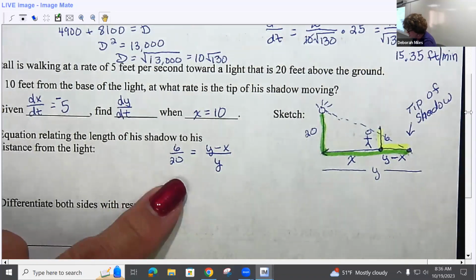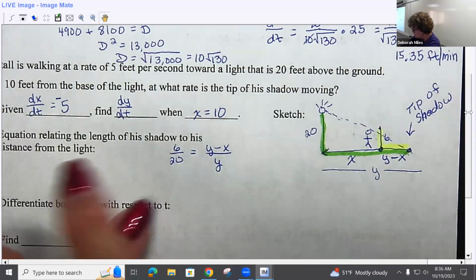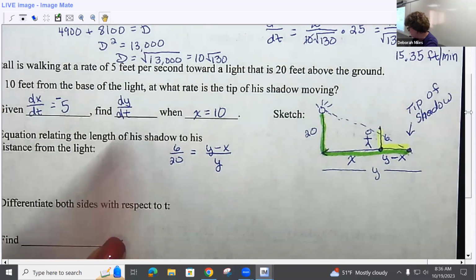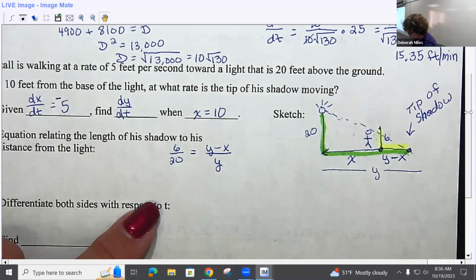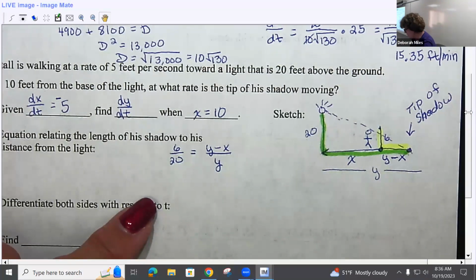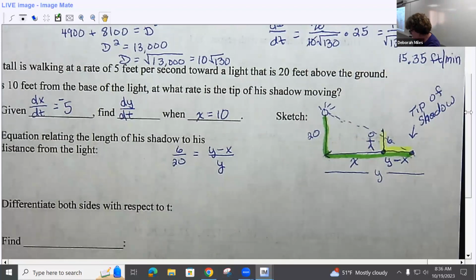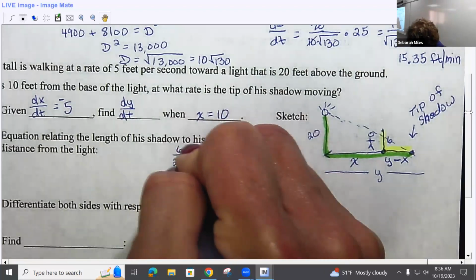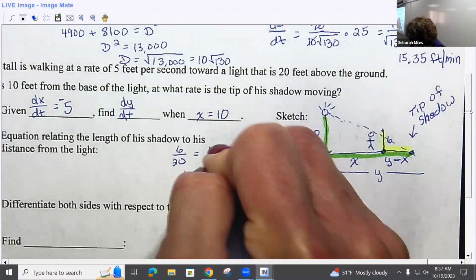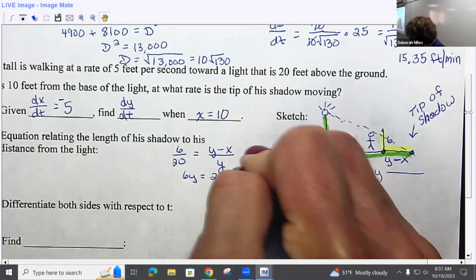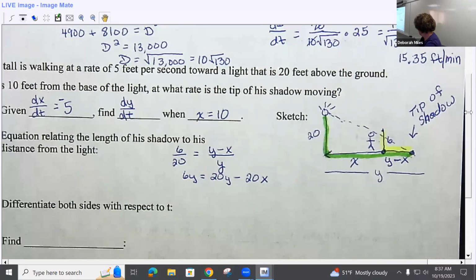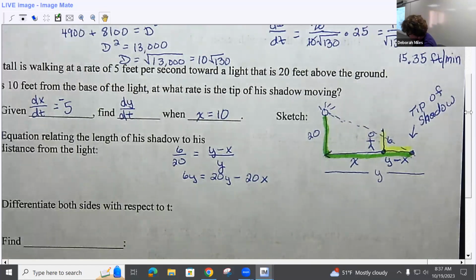Just need an equation that involves x's and y's, because those are the quantities I'm given or the quantities I'm looking for. I could either differentiate the right-hand side with the quotient rule, or I could do some simplifying there. I could cross multiply. 6y equals 20y minus 20x, if I distribute that 20.